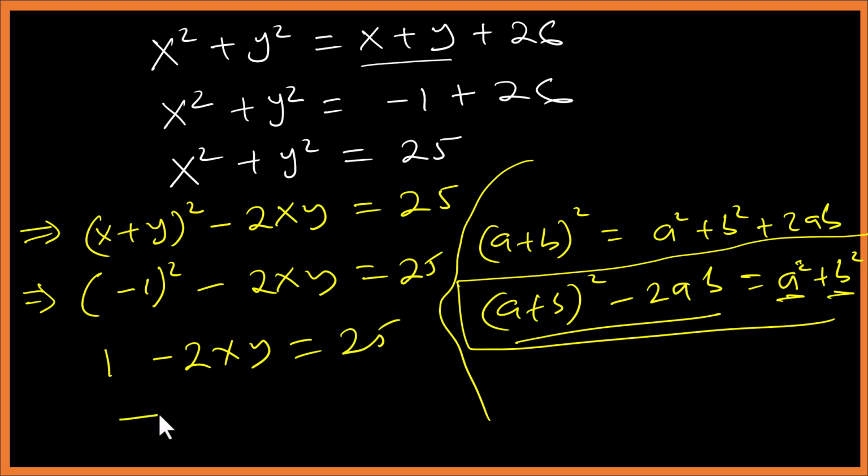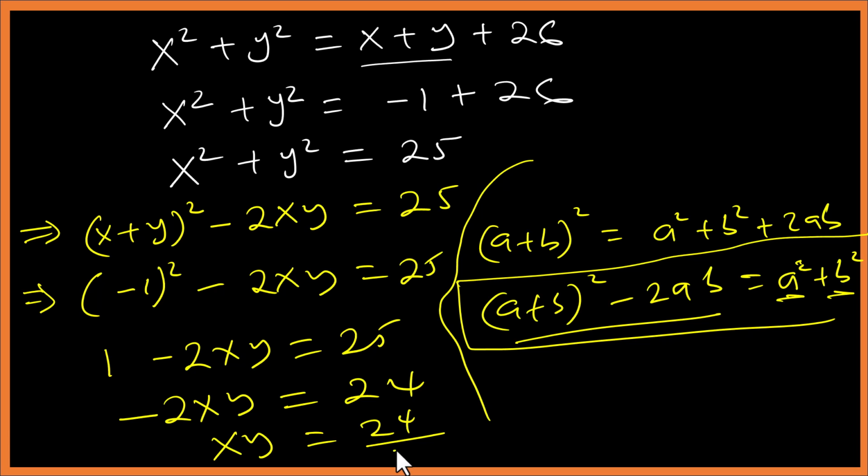That will be minus 2xy equals 24. Therefore, xy will be 24 over minus 2. That will make xy equal to minus 12. So that will be the sixth equation.